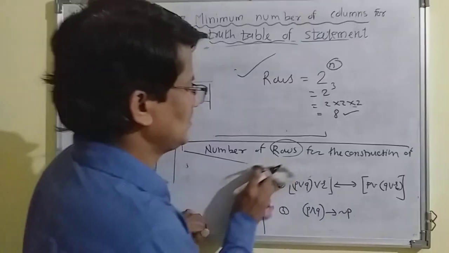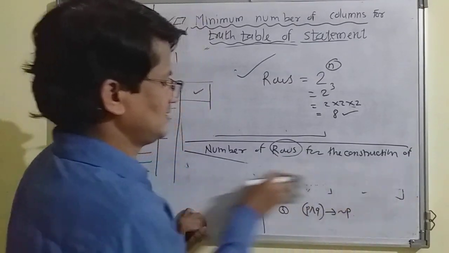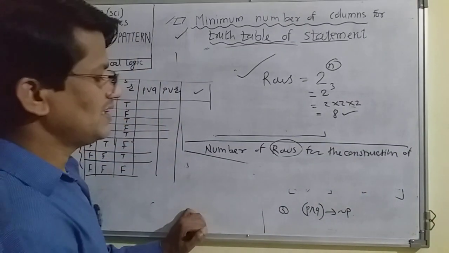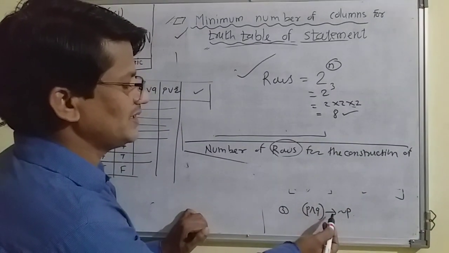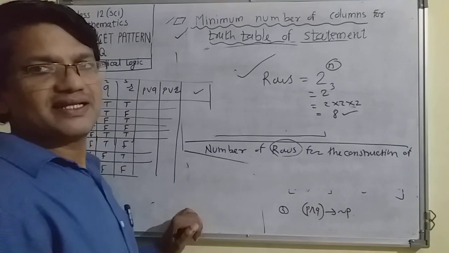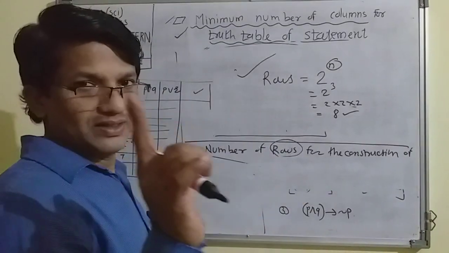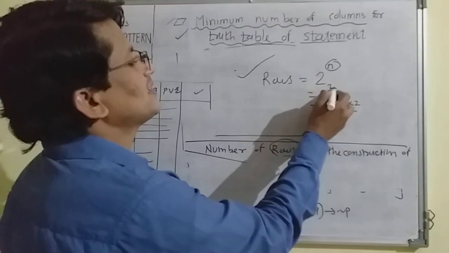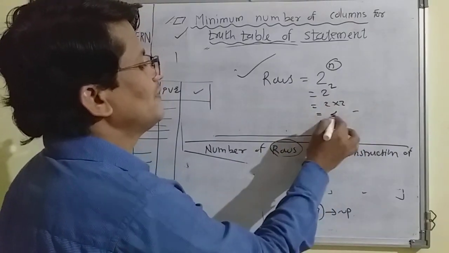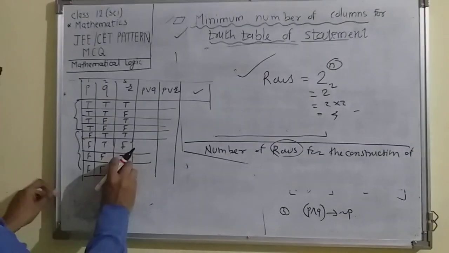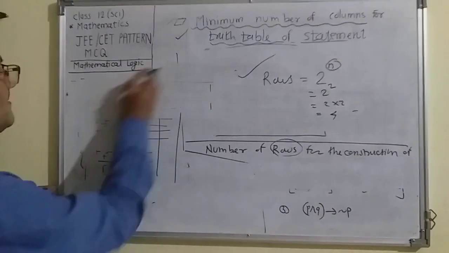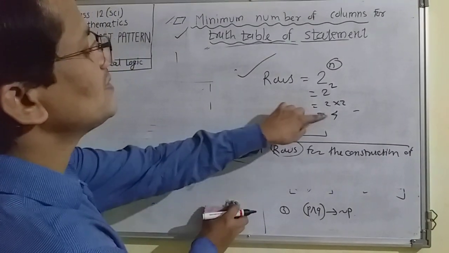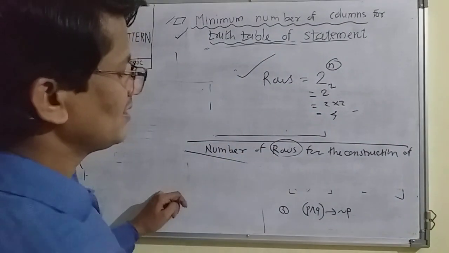Now the last example we are discussing here: P and Q implies with negation P. How many letters are there? Only two. Instead of this, use 2. 2 twos are 4. For the construction of the truth table, the number of rows will be 4 here.